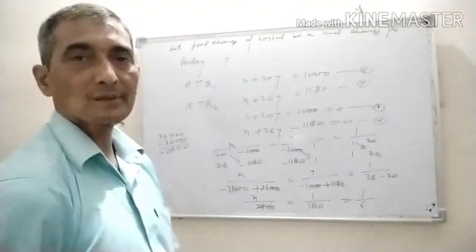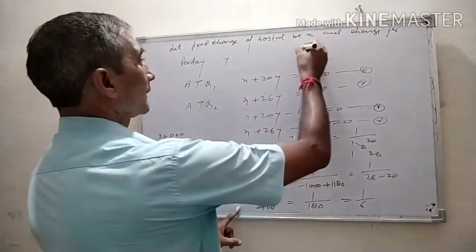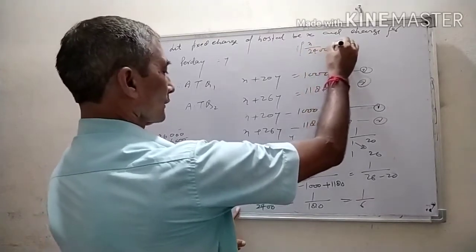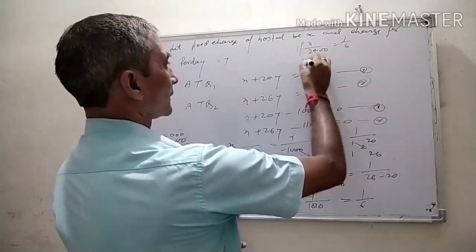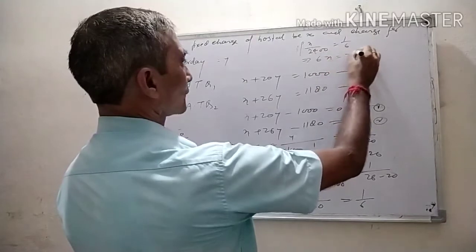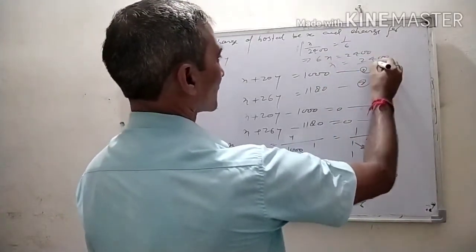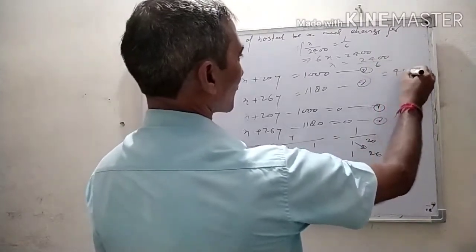After calculation you will get, if x by 2400 equal to 1 by 6, 6x is equal to 2400, x is equal to 2400 by 6 equal to 400.